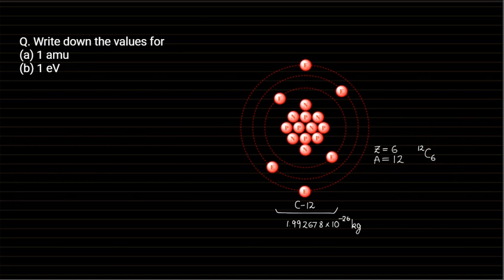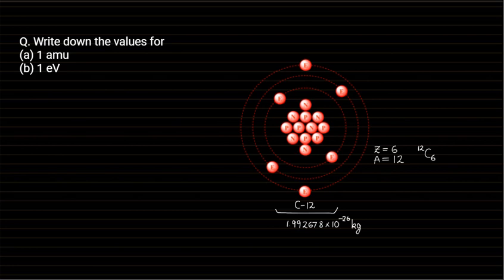So inside the nucleus of this carbon atom, there are 12 nucleons, and this carbon atom weighs 1.992678 times 10 to the power minus 26 kg. So if I ask you what will be the mass of an individual nucleon, what will you do?